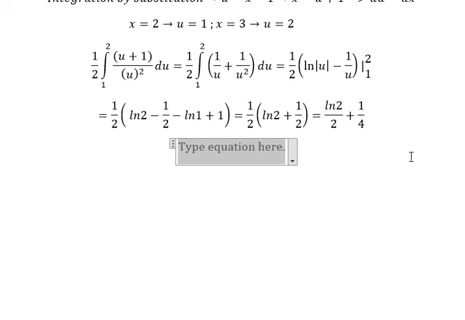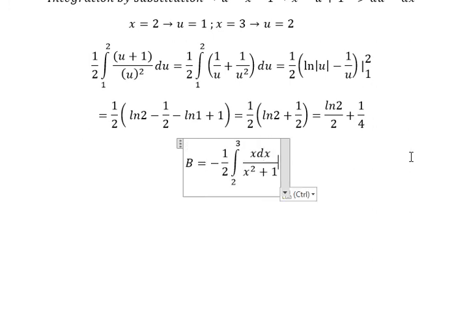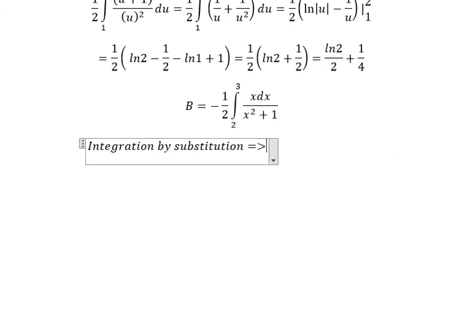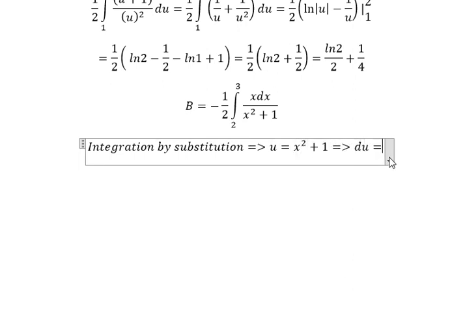We put capital B equals for this one. We can use integration by substitution. So we got u equals for x to the power of 2 plus 1, du equal to 2x dx.